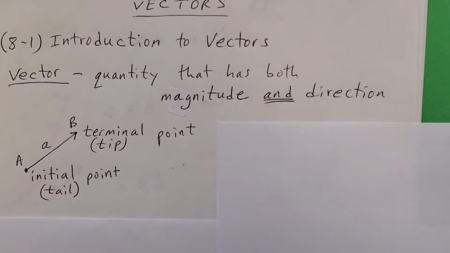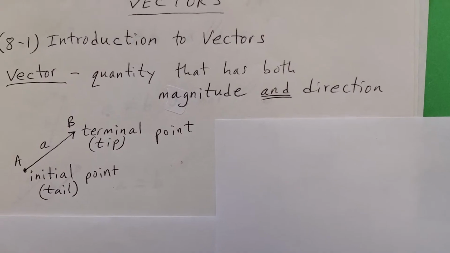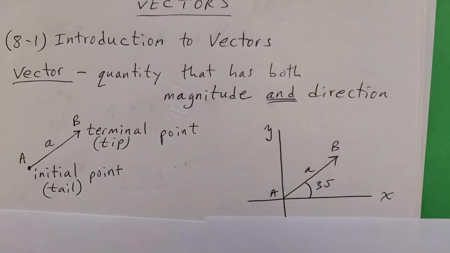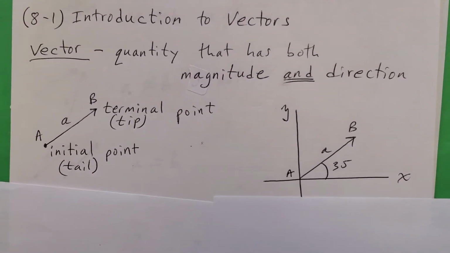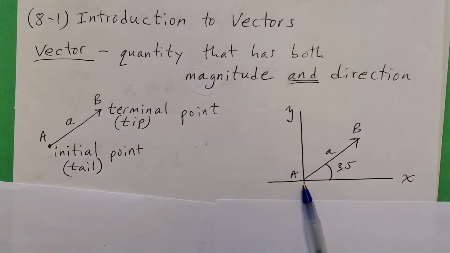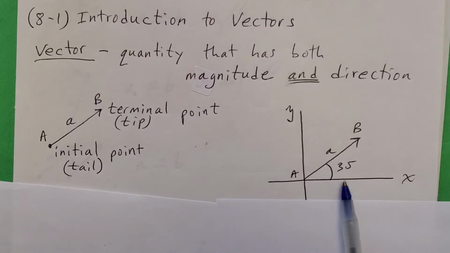If we take that vector and put it in a coordinate plane, then obviously the most convenient spot to start it is at 0, 0. And then because it's here, we can count the boxes and figure out how long it is and figure out the angle.